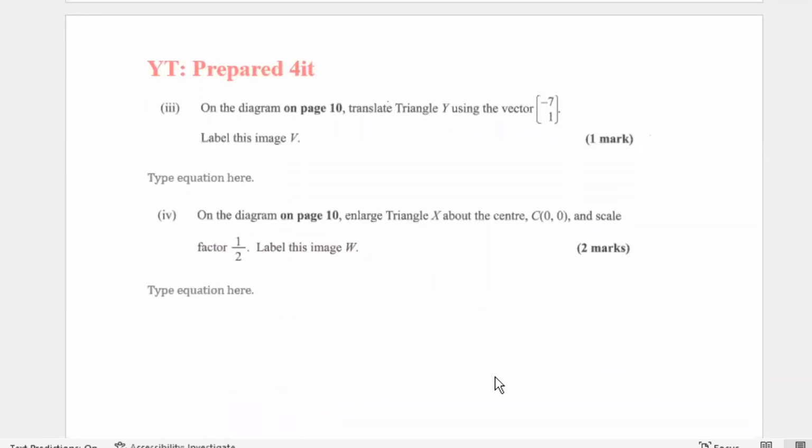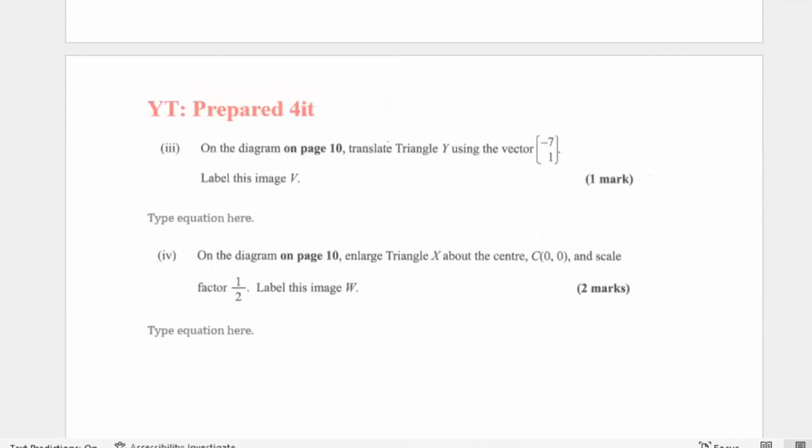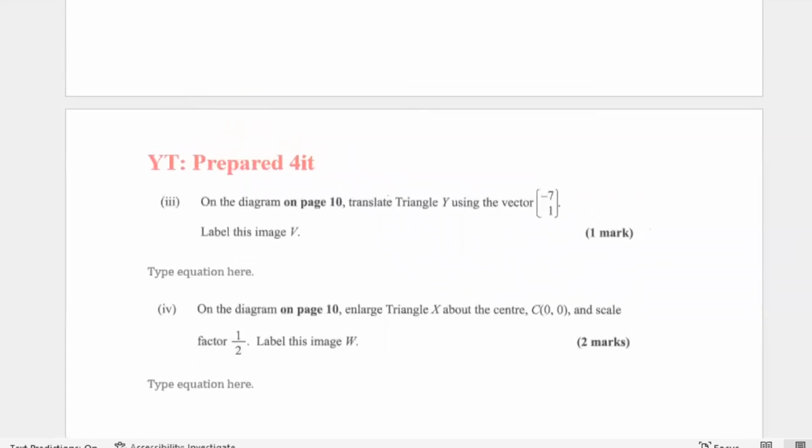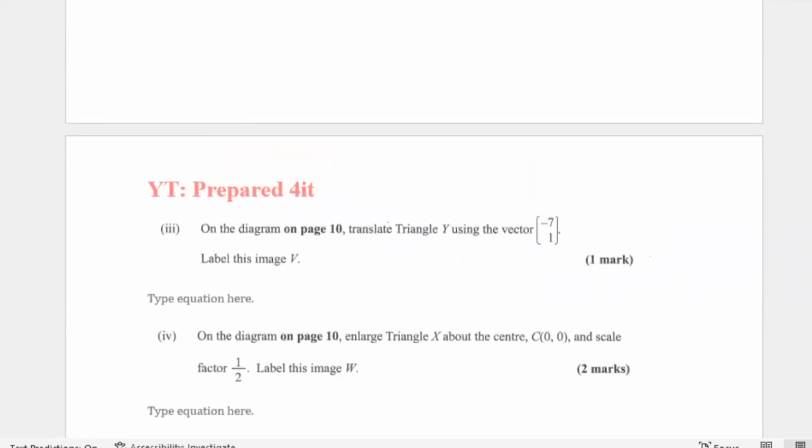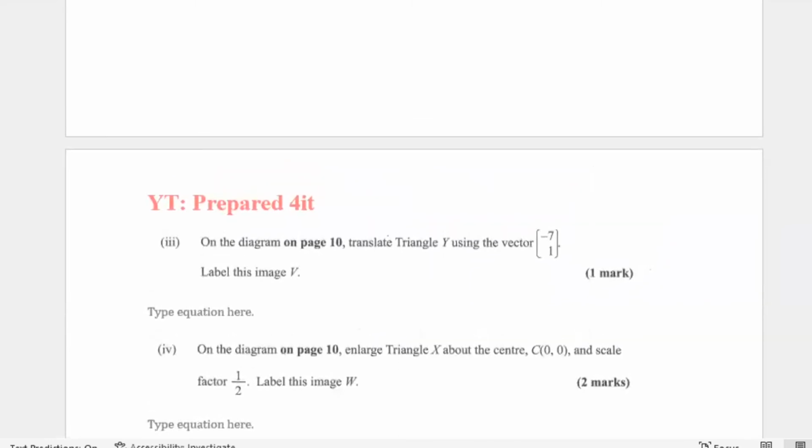And now part 4, it says on the diagram, enlarge triangle X about the center, which is 0, 0, with scale factor 1/2, and label this W. If you remember, last week we looked at this: in mathematics, enlargement doesn't only speak to your object getting bigger.